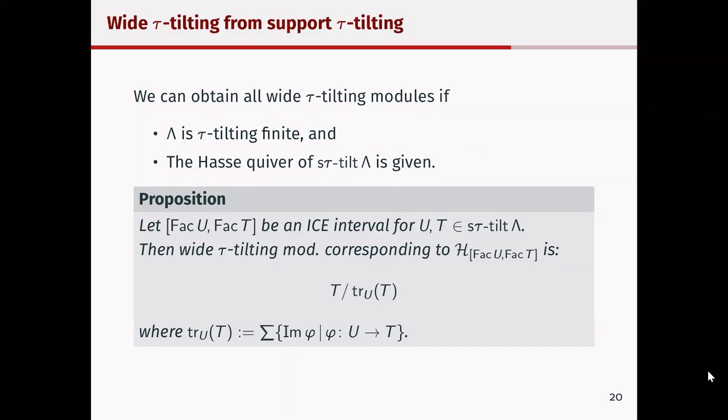This is due to this proposition. Let fac U, fac T be an ICE interval for support tau-tilting modules U and T. This means that we have T and U, and this hat H of fac U, fac T is ICE closed.